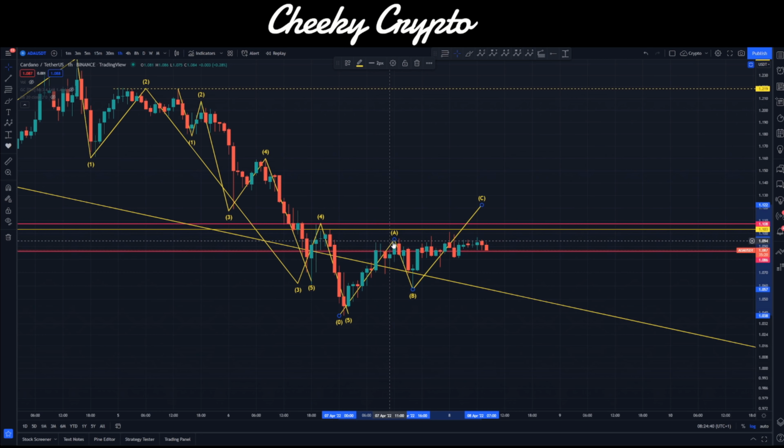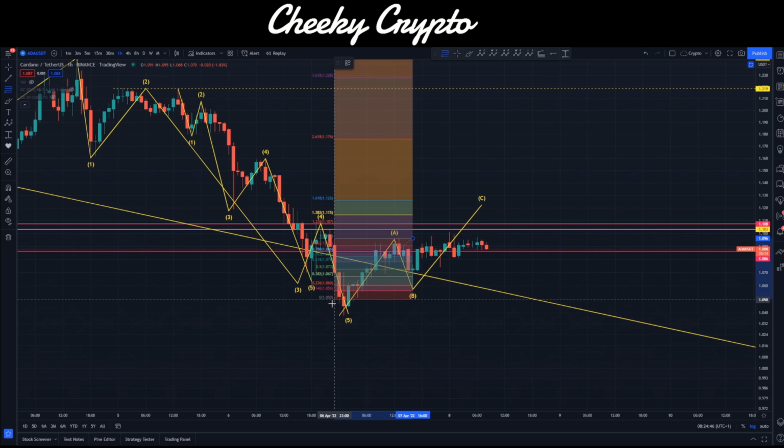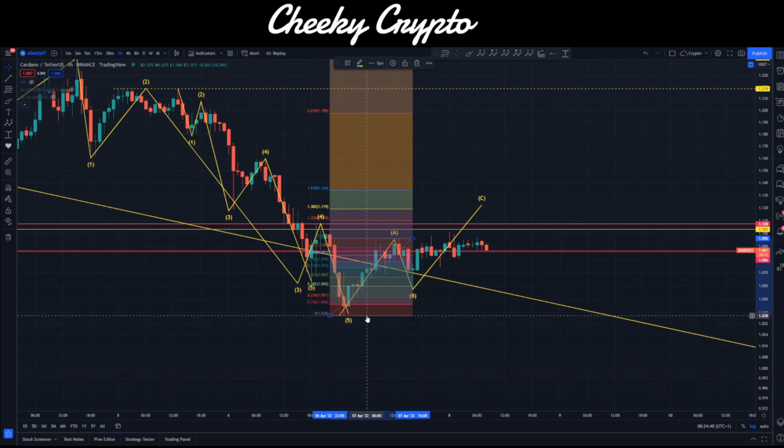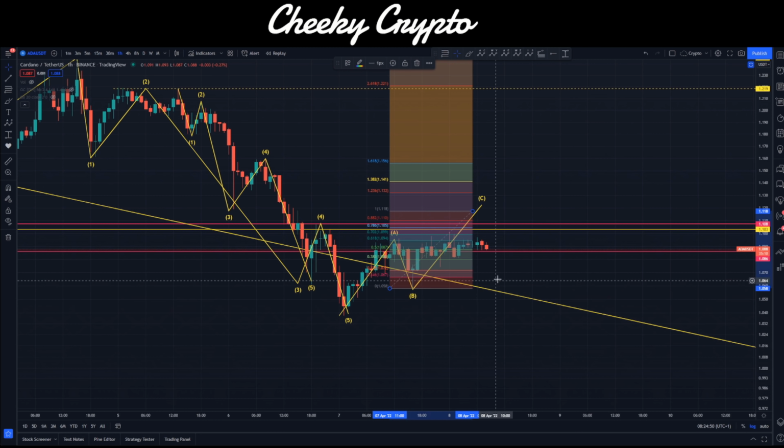Now we've gone higher than our A just here, but we've actually just traded sideways. And if I measure the distance on this, grabbing it from the high point here to the low point down there, and transpose it over to the low point of our B wave, our C wave should come to about $1.188. Now, for the most part, you think, okay, cool.